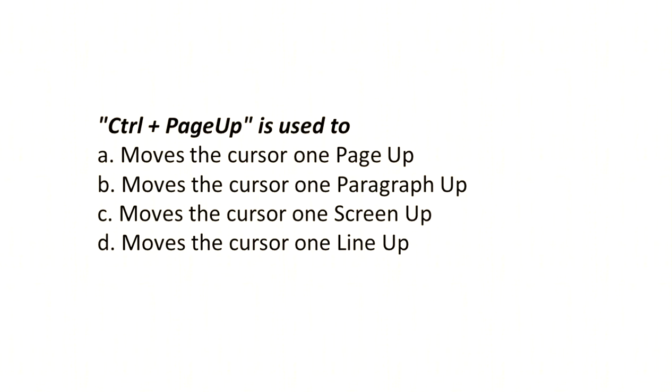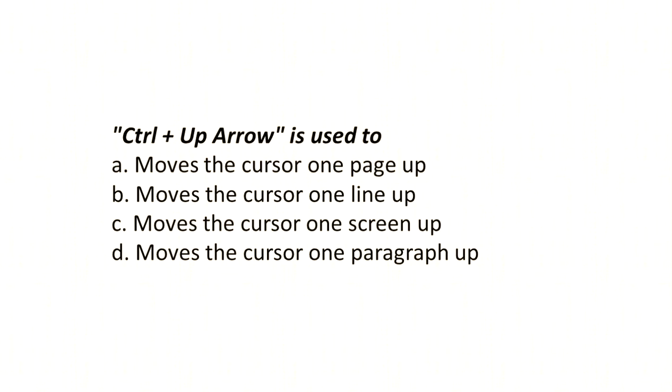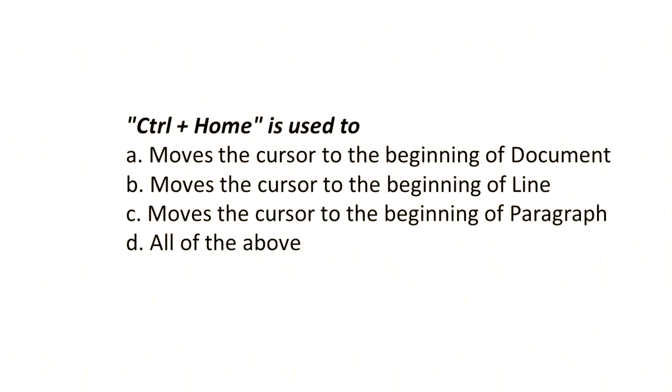Next, Ctrl plus Page Up is used to move the cursor one page up. Ctrl plus up arrow is used to move the cursor one paragraph up. Ctrl plus Home is used to move the cursor to the beginning of the document.